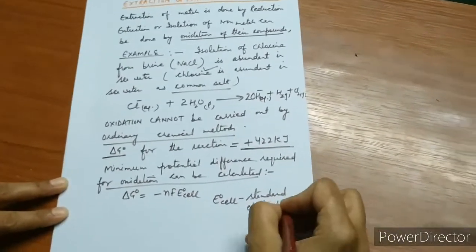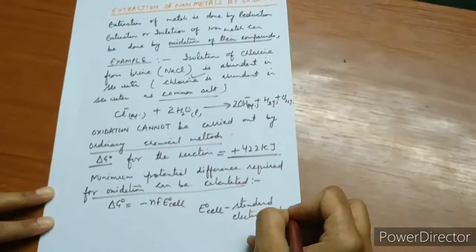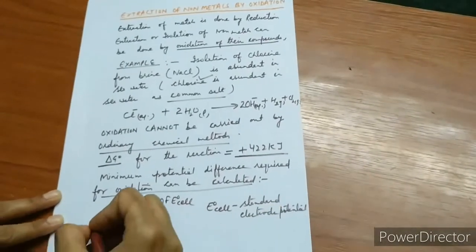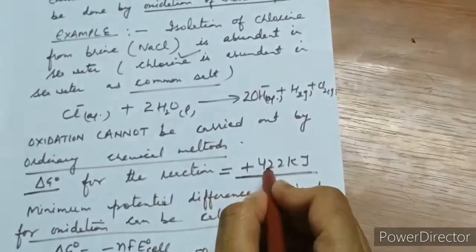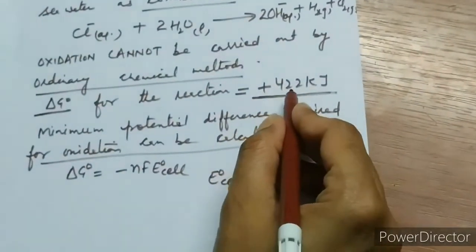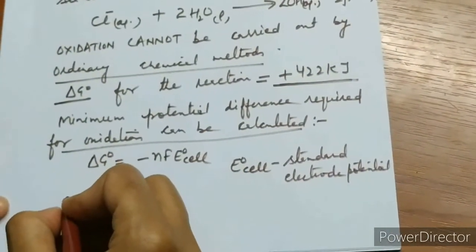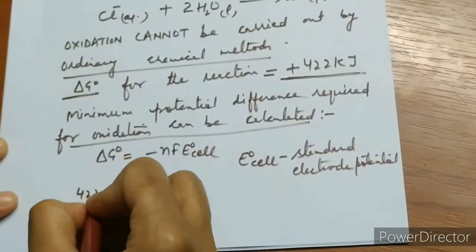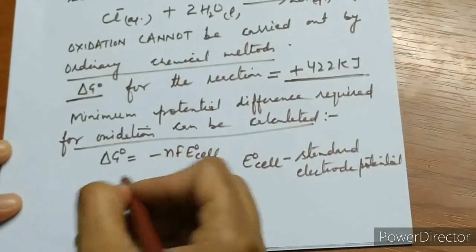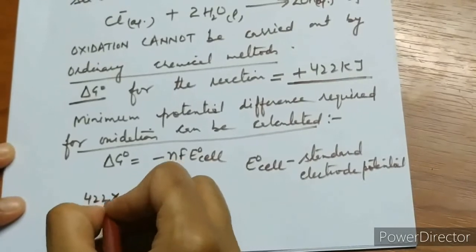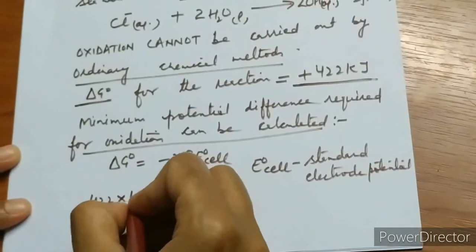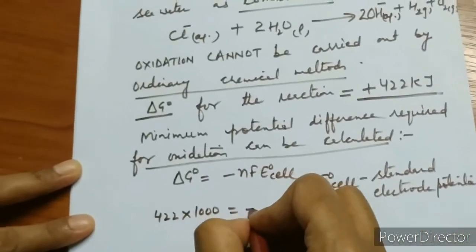So how can we calculate? We have the value of delta G naught equal to plus 422 kilojoules. The value is in kilojoules, so let us convert it into joules: 422 multiplied by 1000 is equal to minus.